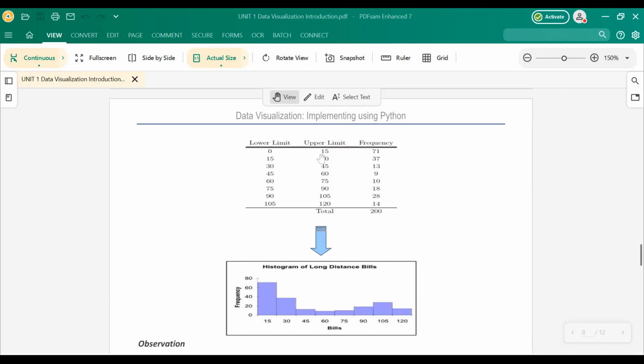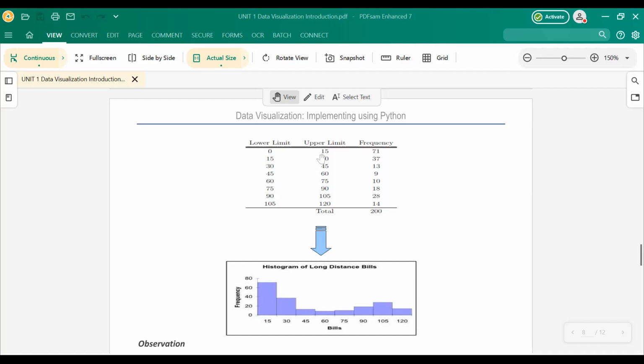You will not get exactly 10, so maybe create 8, 9, 11, 12 such classes. Here, you have options to create 0 to 10, 10 to 20, 20 to 30, up to 120. That means you'll end up creating around 12, 13 groups, which is on the higher side.